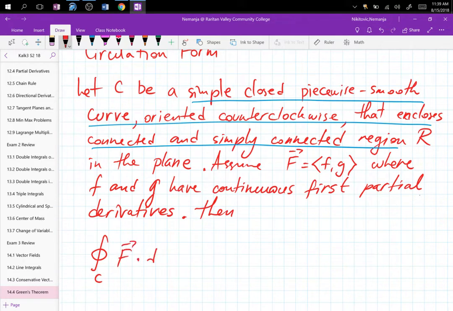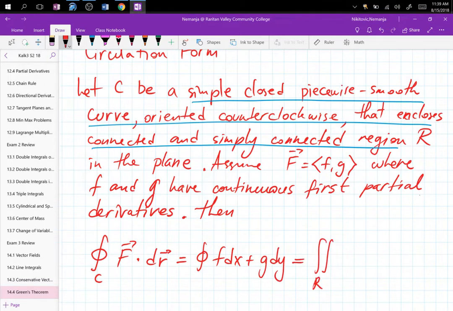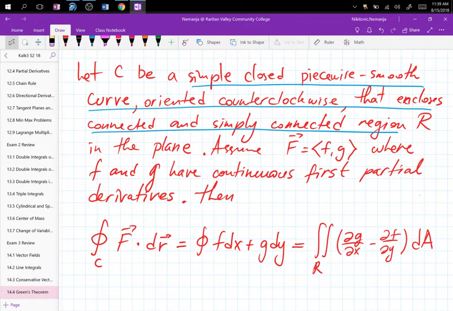F dot dr, this is the standard notation for our line integral. Standard again, we did this last class. And here is the new stuff. It's the same as the double integral over the region R of the partial of G with respect to x minus the partial of F with respect to y, dA. Technically it's telling you that the line integral equals the area in the region.